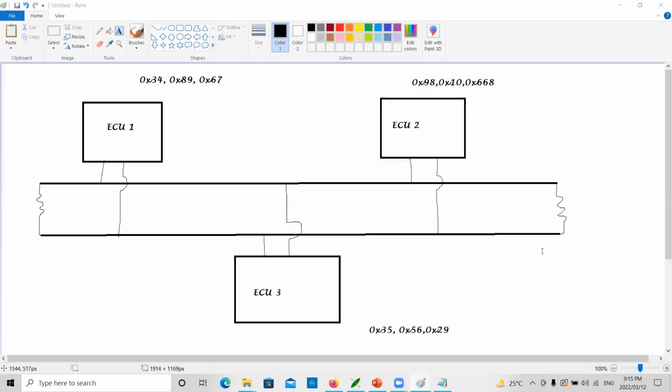That is, the least identifier has the higher priority. Initially the 29 will go out among these three messages. Next, which message will go, 67 or 668? 67. Why? Because it has the next least number after 29. And then finally, 668 will go. Do you guys understand how the arbitration works?